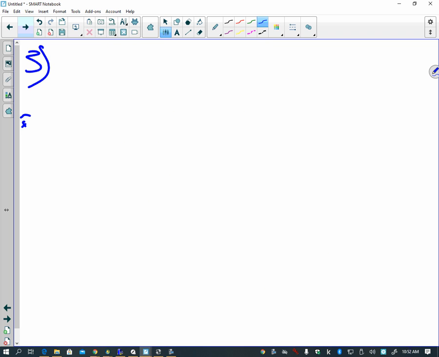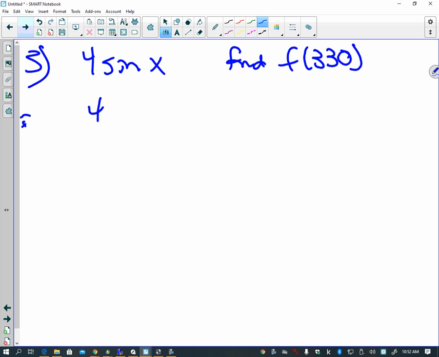3. Let's see. f of x equals 4 sine x. Find f of 330. Do not use a calculator. Basically, what we're saying is, what is 4 sine 330 degrees?